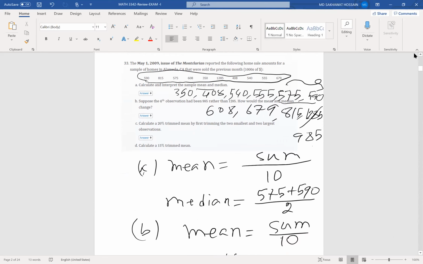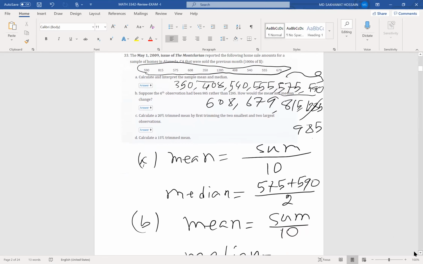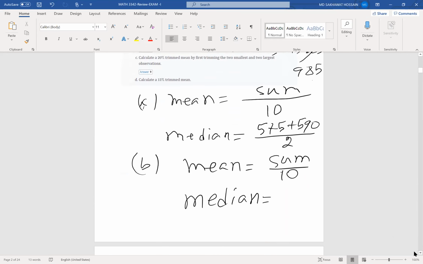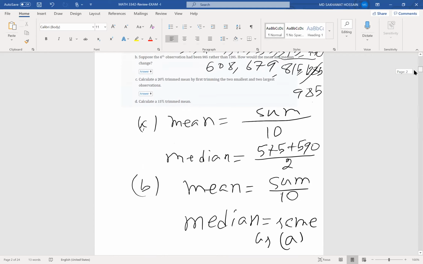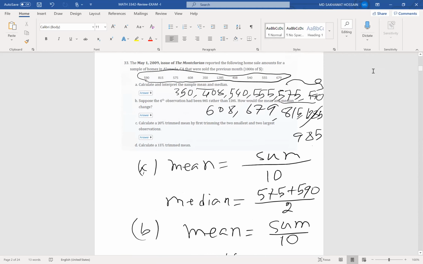So the median will be the same as the median in part A. So the median will not change. You have to make a comment: how would the mean and median change? We'll have a smaller mean, but the same median.